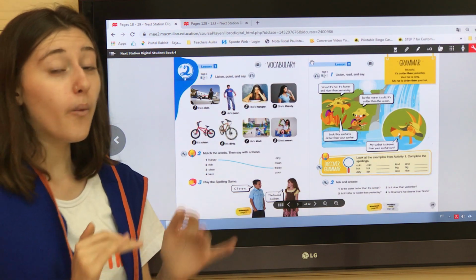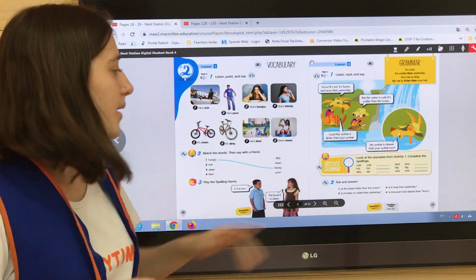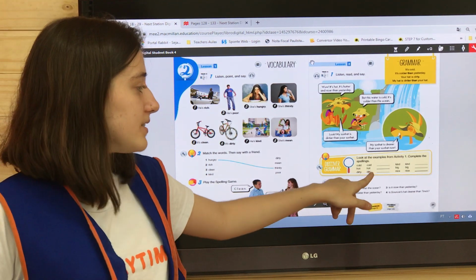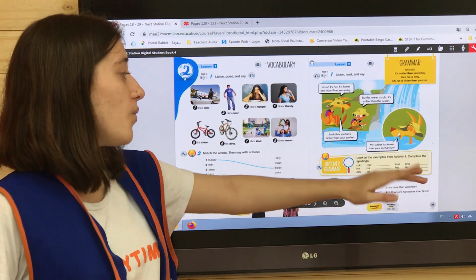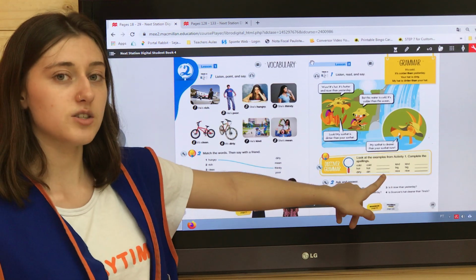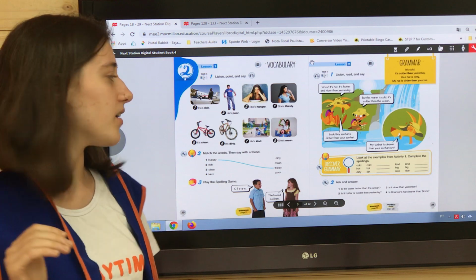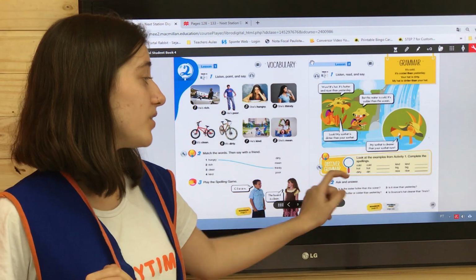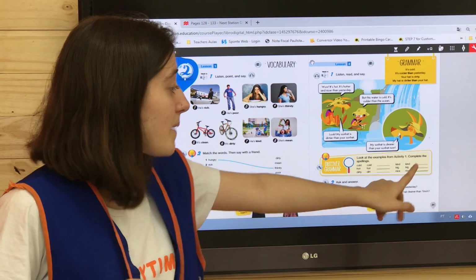Não se confundam. Y, I-E, ok? So, dirt, ok? Já tiraram o Y aqui pra gente. We have to add, a gente precisa adicionar I-E-R. I-E-R, ok? Dirtier. So, dirtier, ok?